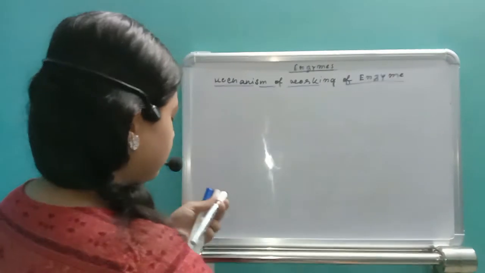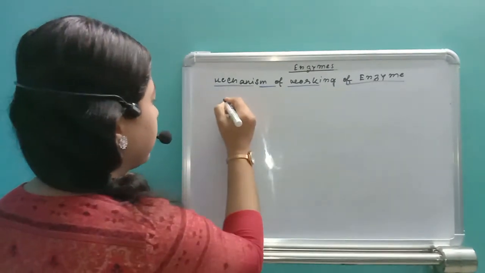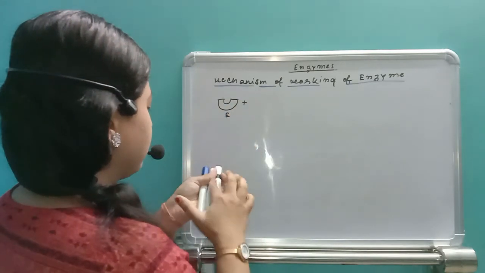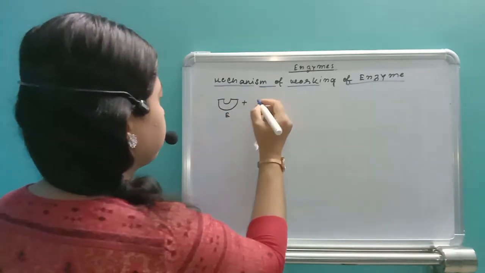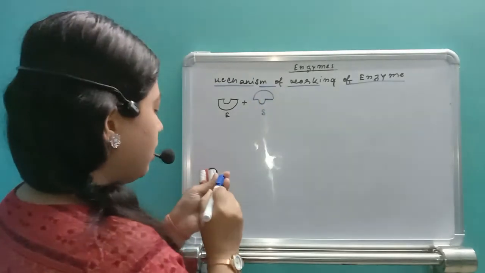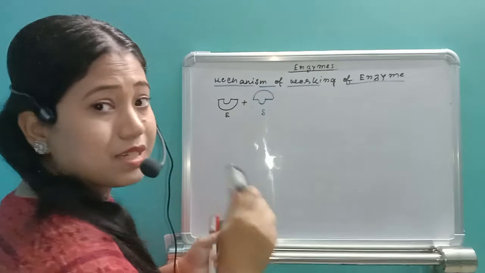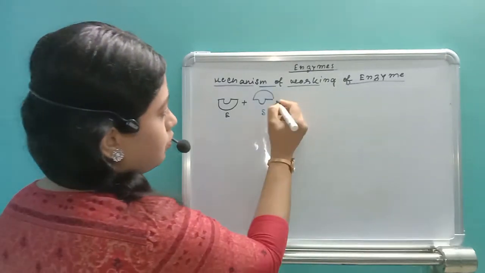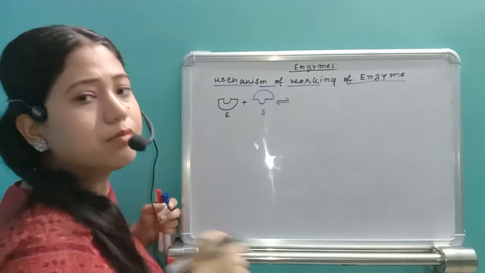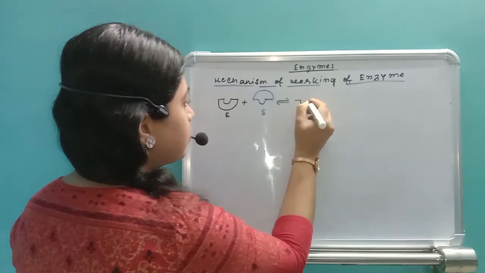So suppose here this is the enzyme, and this is the substrate. Whenever the substrate is attached with this enzyme, we will get a transient, meaning intermediate state. What is this intermediate state?